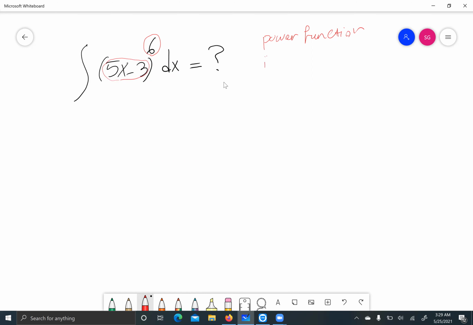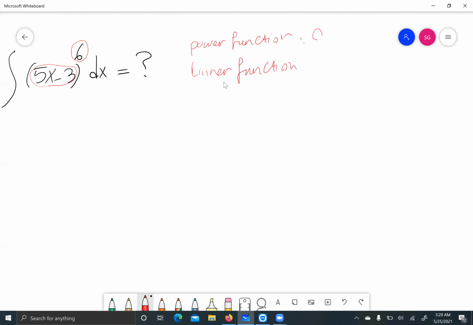So there is a linear function as well. In this case, the power function is the outer function, and the inner function is the linear function.